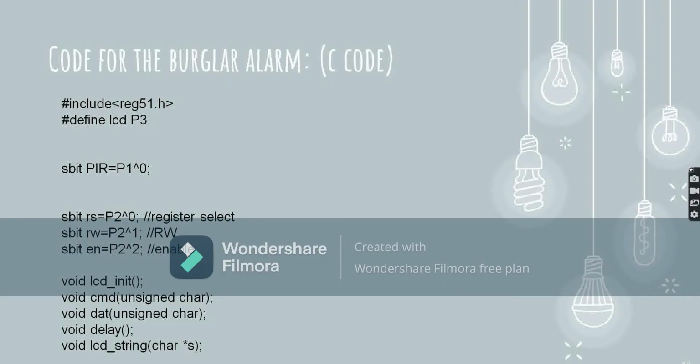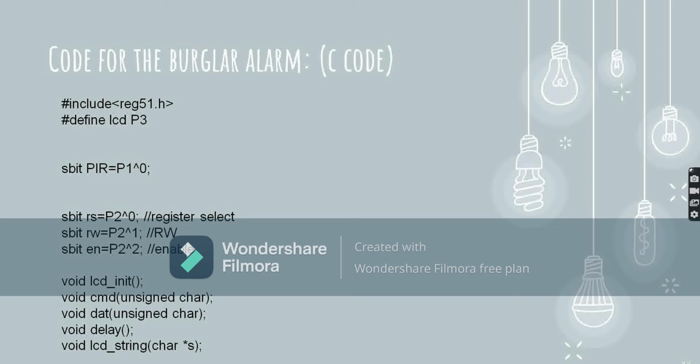Now we are getting into the main part of the project, that is the code for the burglar alarm. Here I have done it with the help of C code. So let's get into it. The first line says include reg51.h, which means the 8051 family's registers should be included.